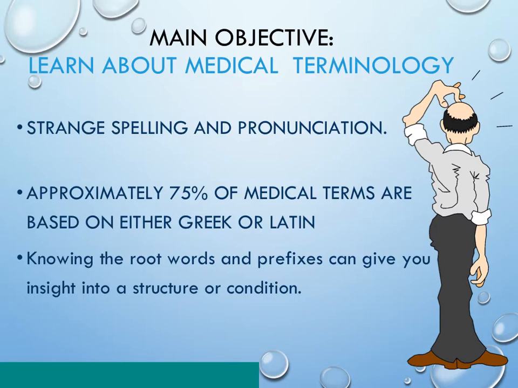So spelling counts. But what we'll look at today are the parts that make up the words, and that will give you a good way to practice spelling them, but also figuring out words that you're not familiar with. You just break it down and you'll be able to figure out what it means.